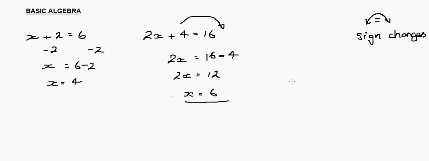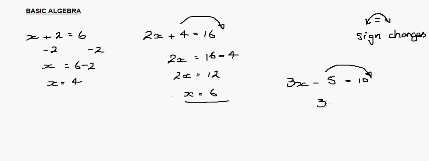So let's do one, say, with the negative in it. So let's say we have 3x minus 5 equals 10. I want to know what x equals, so I have to get the x's on their own. So this is going to come over here.